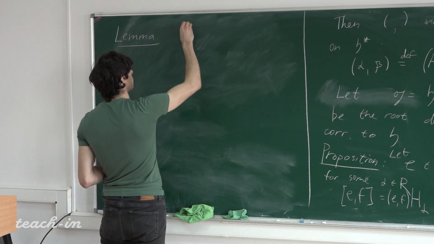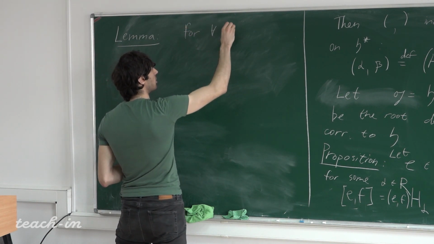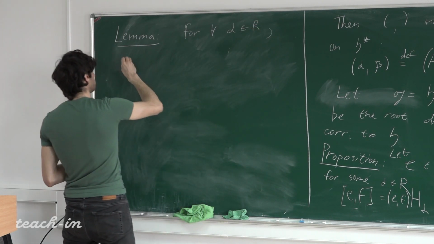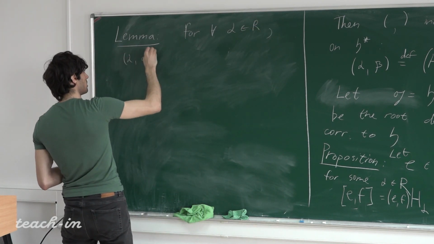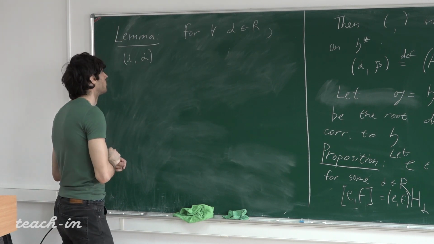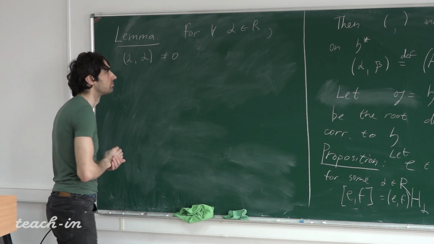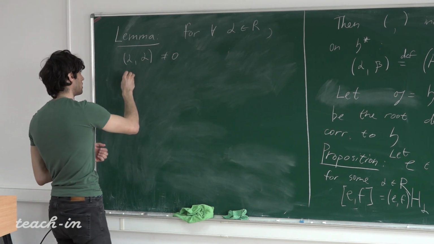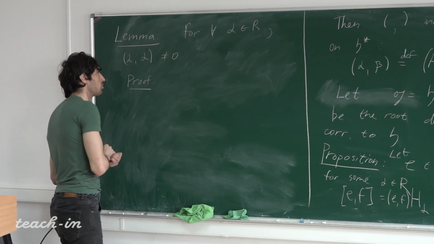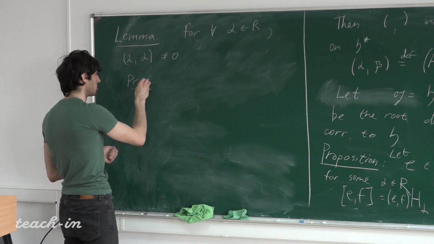That for every alpha in R, the form of alpha on itself is not zero. Proof. So the proof will be by contradiction.